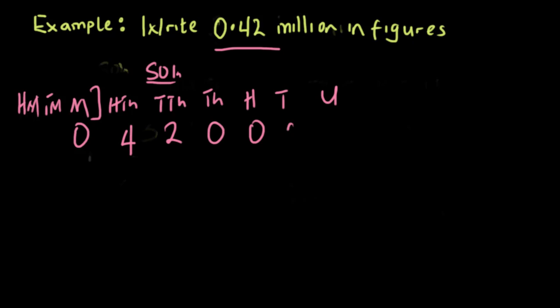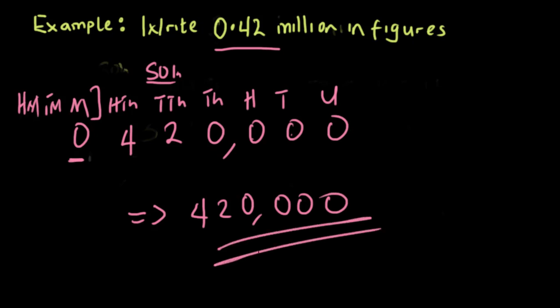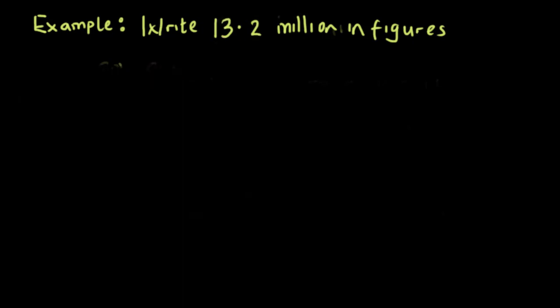The remaining will be zeros. Does this make sense? Now this 0 before the 4 is kind of useless. So all we need to do is to group in threes, 1, 2, 3, comma. So it means our answer is 420,000.